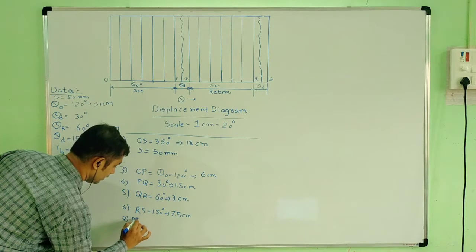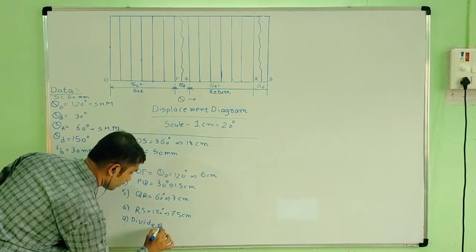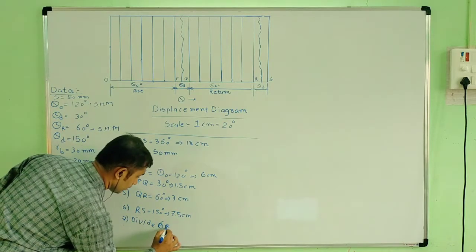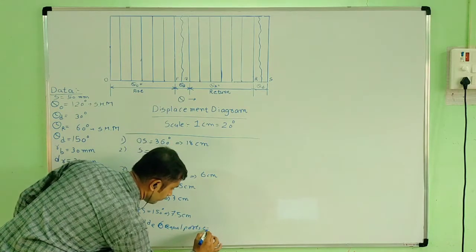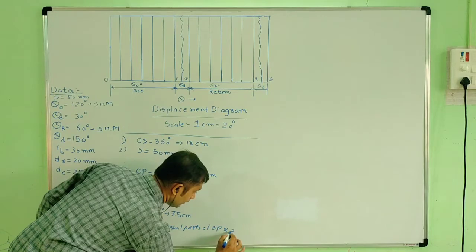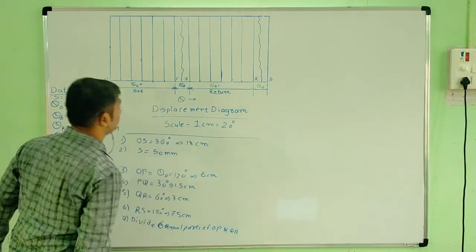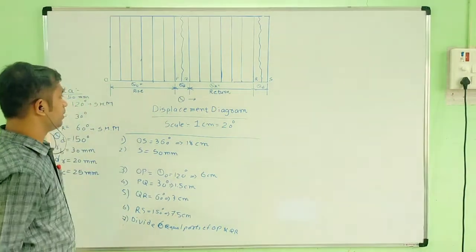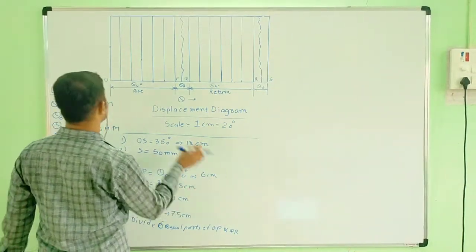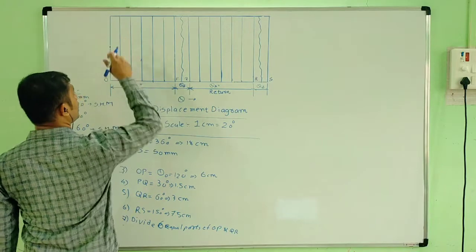Okay, divide OP and QR into 6 equal parts. We will make 6 equal parts, very simple. 6 and 6 equal. So we have to draw a vertical line.